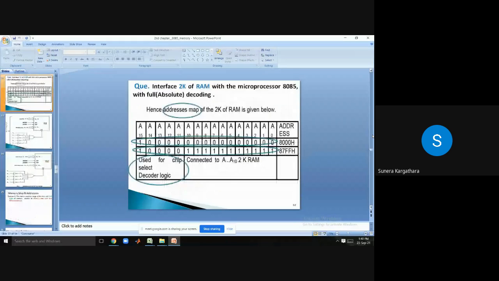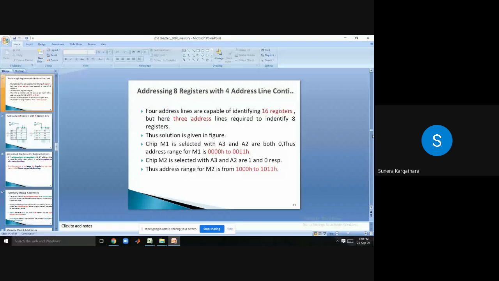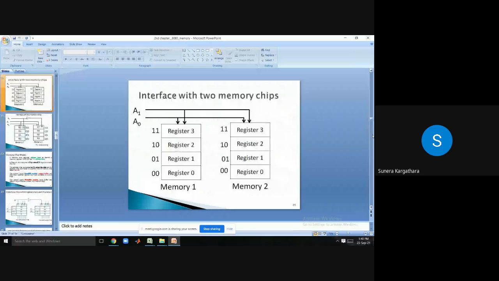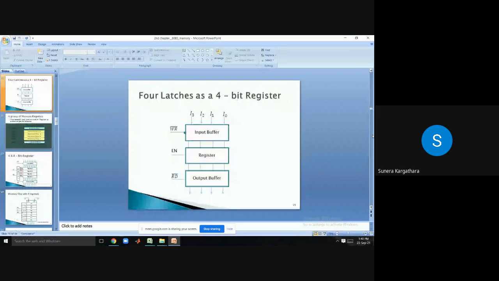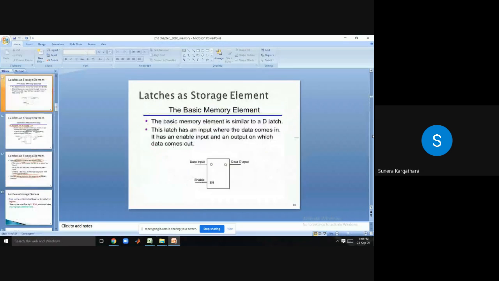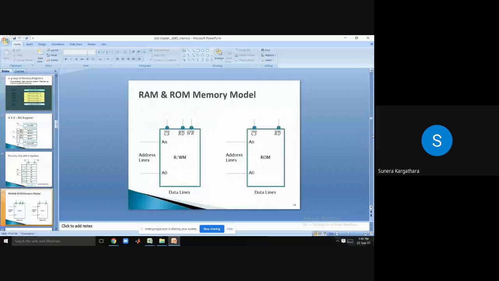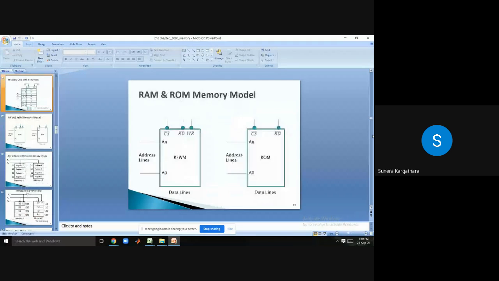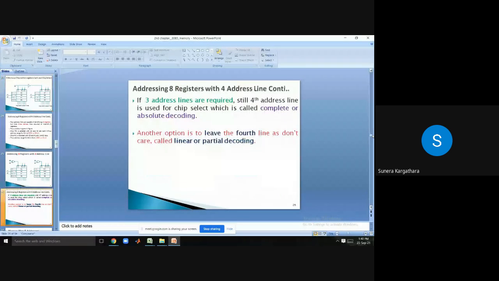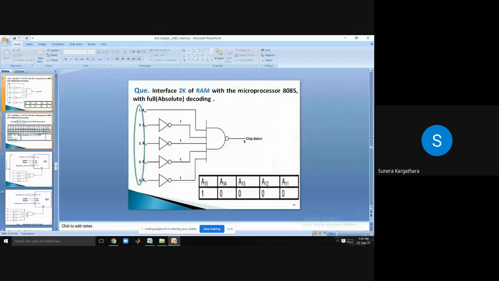So, just to give you an idea of how you can select a chip, try to understand through an example. Whenever you want to select your chip, as I discussed, in chip select only one logic needs to be given. Which logic you provide depends upon which gate you are using.